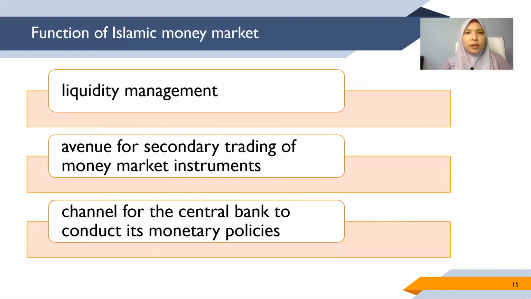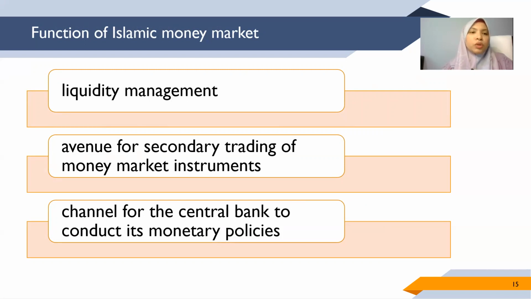So what is the function? The Islamic money market is for liquidity management, for bank institutions to acquire a loan or financing when there is a lack of funding. Banks with surplus money will lend their money, give their financing to other banks that have a deficit. Then it is an avenue for secondary trading of money market instruments, providing a trading platform.